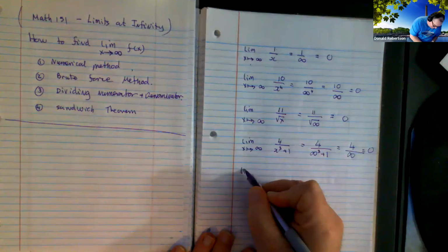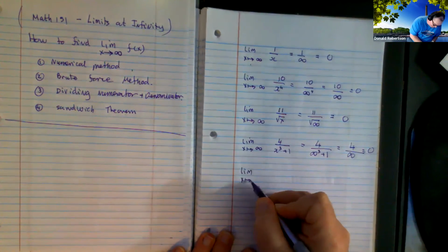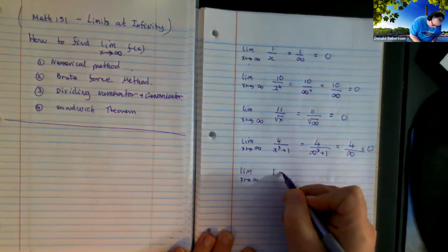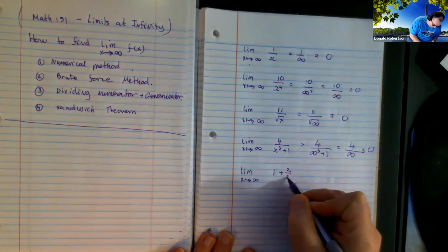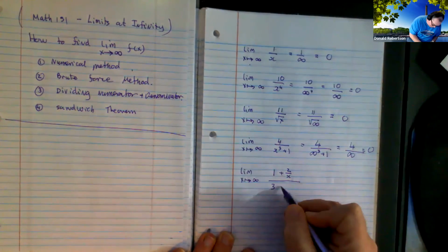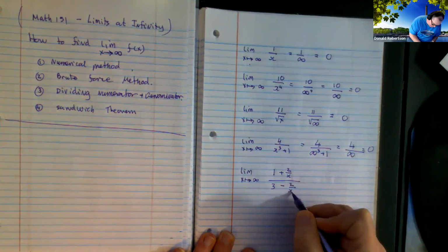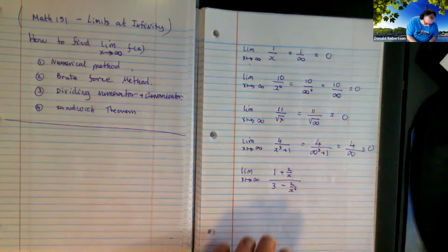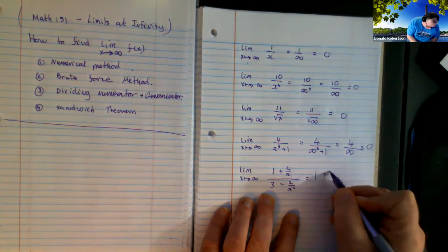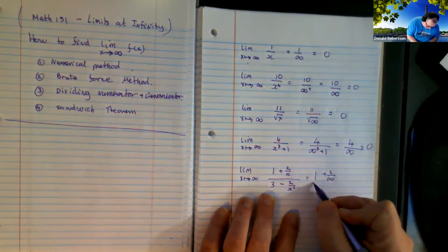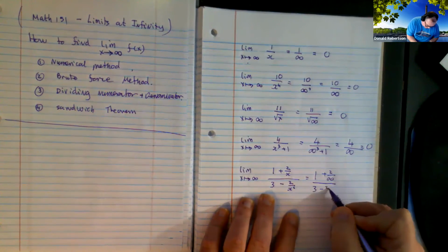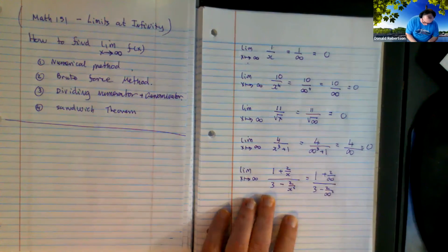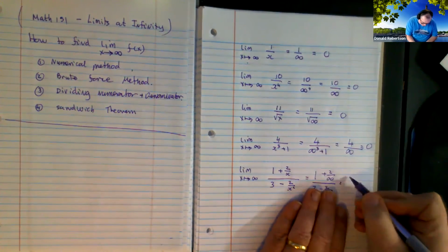Now, make it a little bit trickier. A weird calculation, but just imagine that somehow or other this weird calculation happened, right? According to brute force, we should be able to do this guy. Okay. Would you agree 2 over infinity is 0?